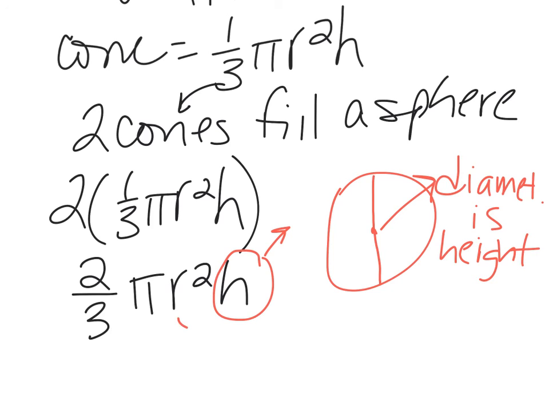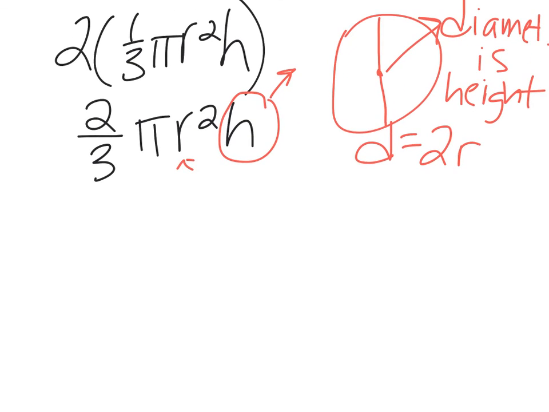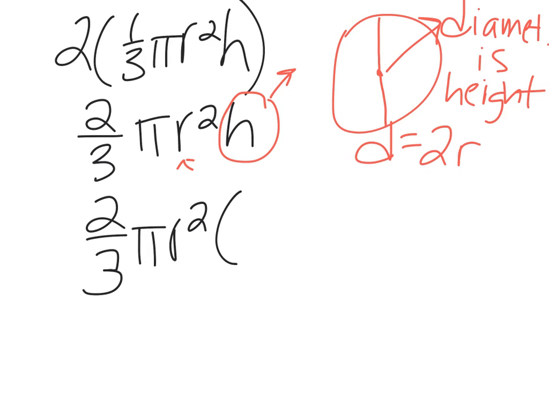Since I have an r here, I really want to do that in terms of r. Our diameter is equal to 2 radiuses, or 2 radii. So now instead of height, I'm going to write 2r. Because the height is a diameter, and the diameter is twice the radius.